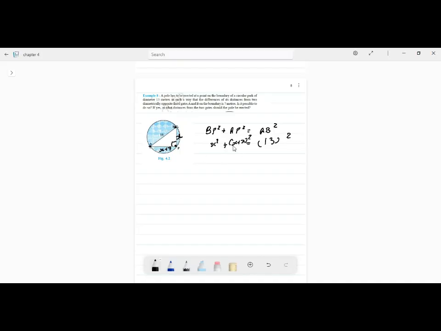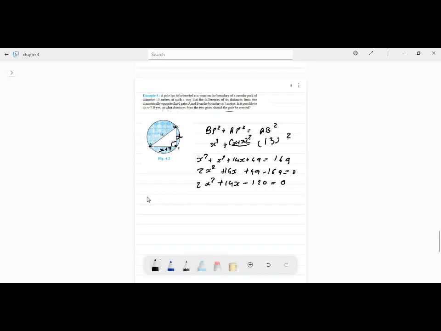We expand the X plus 7 term, then X square plus X square plus 14X plus 49 is equal to 169. Then 2X square plus 14X plus 49 minus 169 is equal to 0, which is 2X square plus 14X minus 120 is equal to 0.